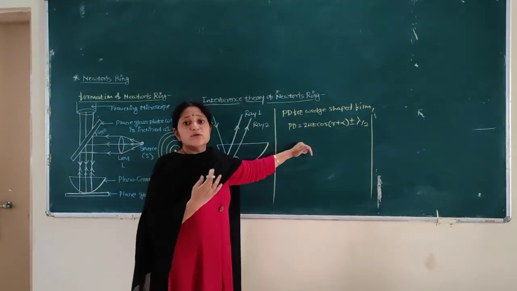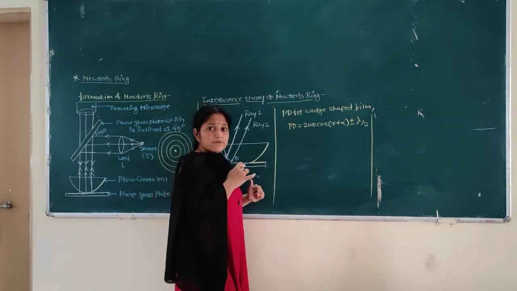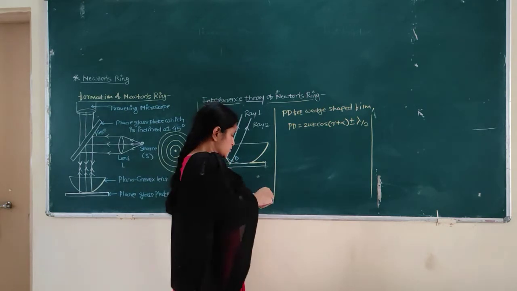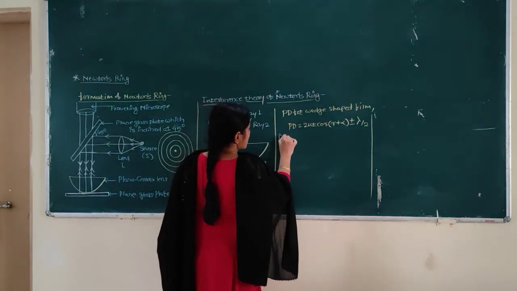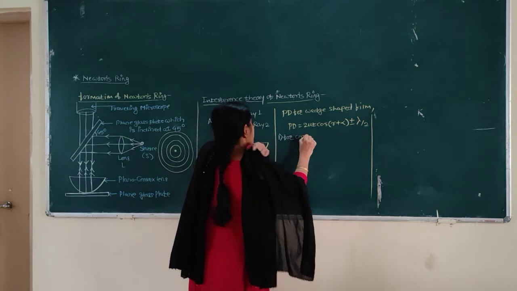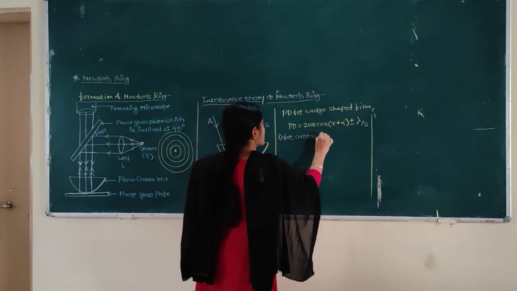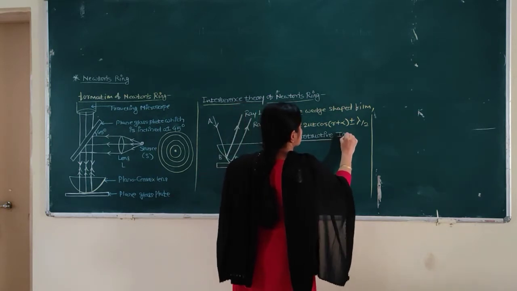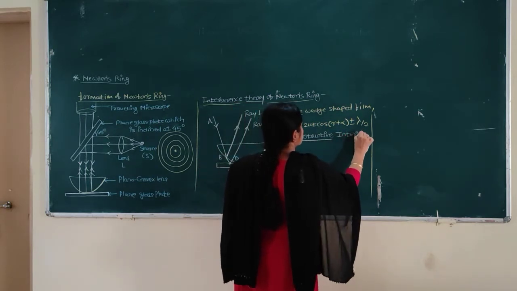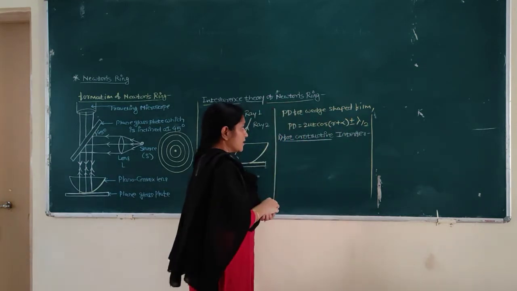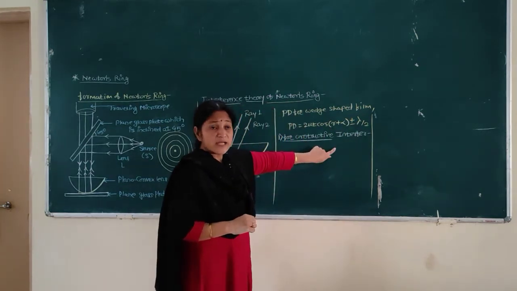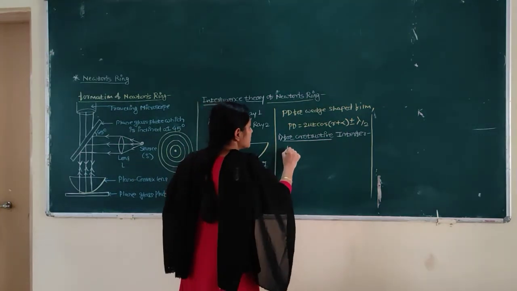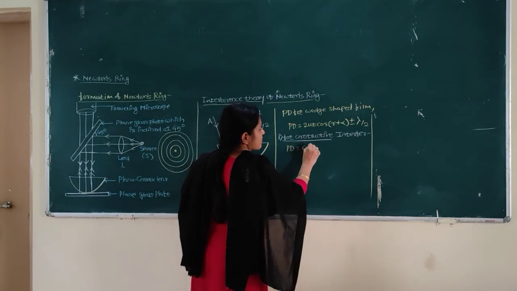After that we know that there are two conditions. First one is constructive interference and other one is destructive interference. So first, condition for constructive interference. We know that constructive interference takes place when the path difference between the two rays is equal to n lambda.